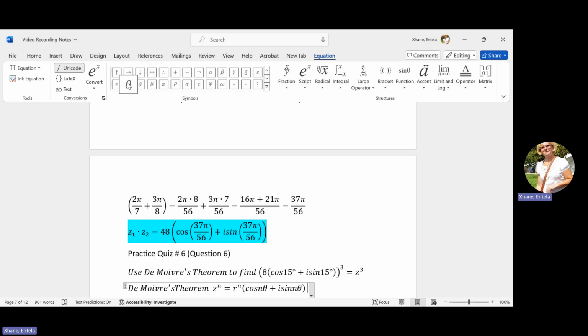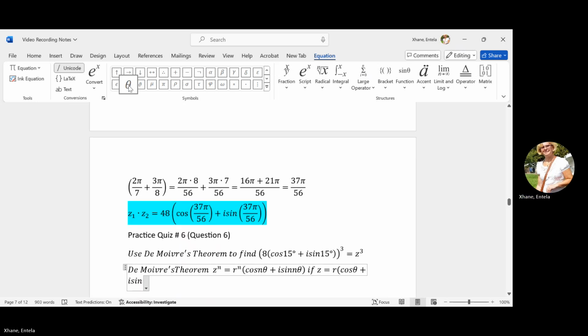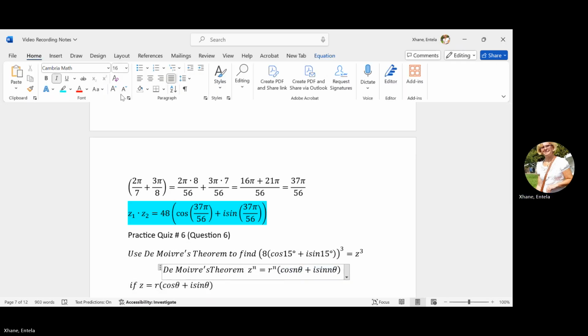And this is true if the number z is given as r cosine of theta plus i sine of theta. You cannot use this formula unless the number is given in the complex polar form.